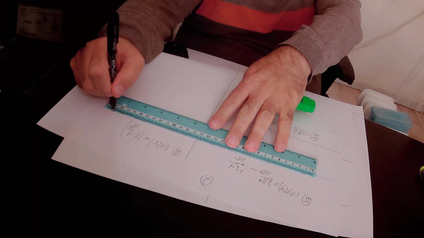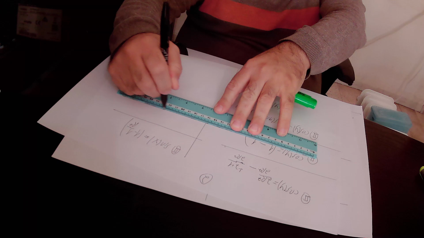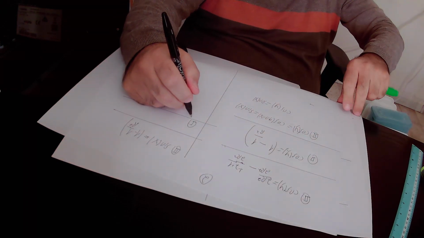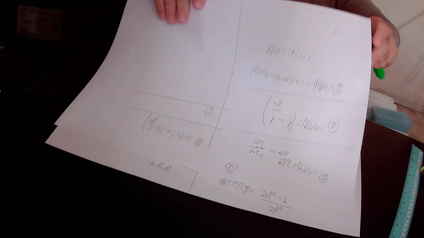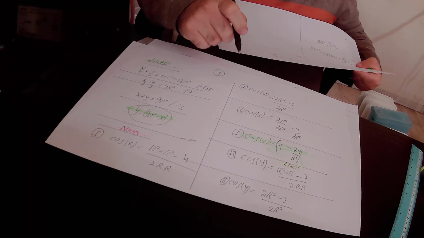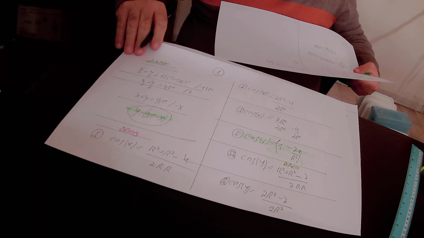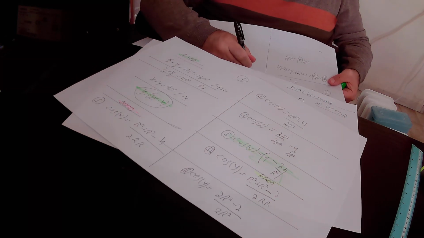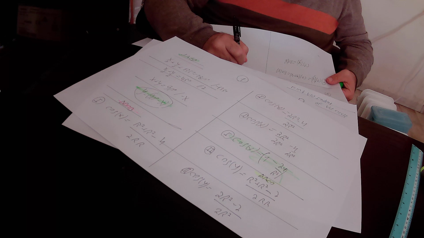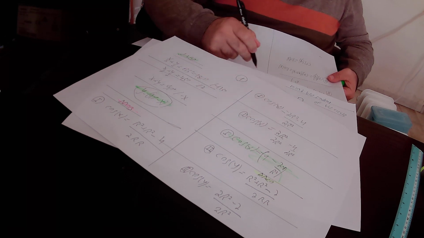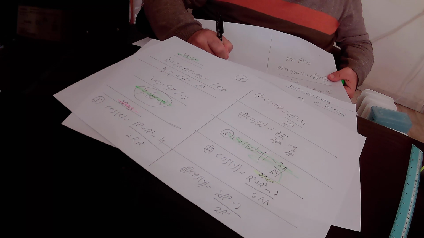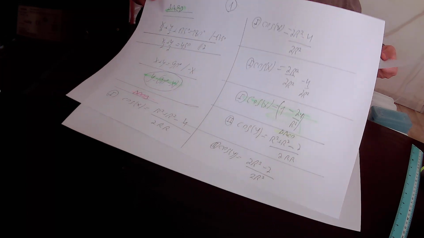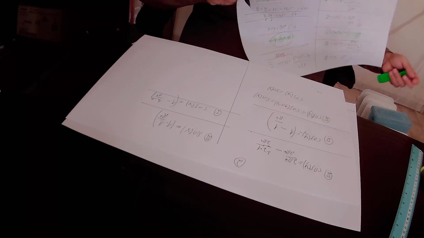According to equation number 1, we have already found that cosine x equals 1 minus 2 times 1 over r squared. So we have here two equations for sinus x and cosine x.